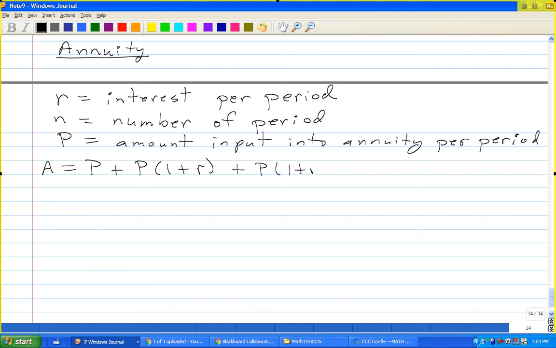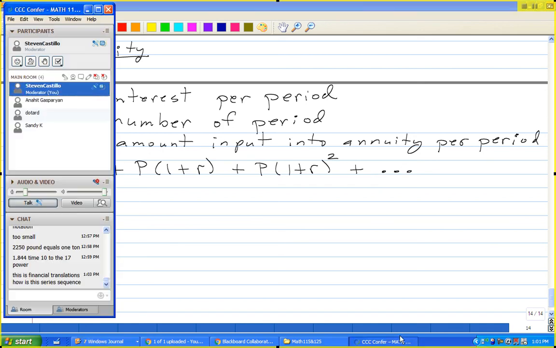You got your 2 months of interest. That's right.